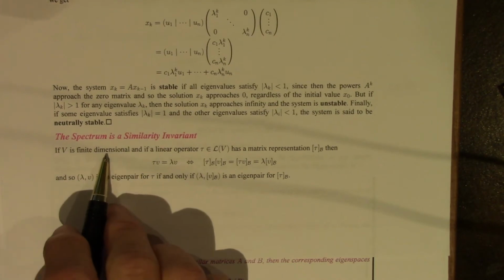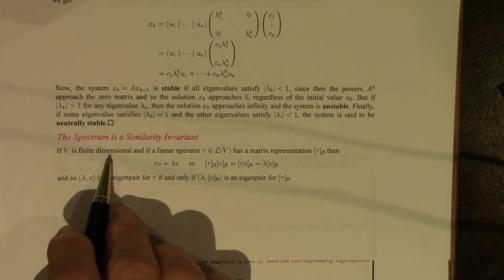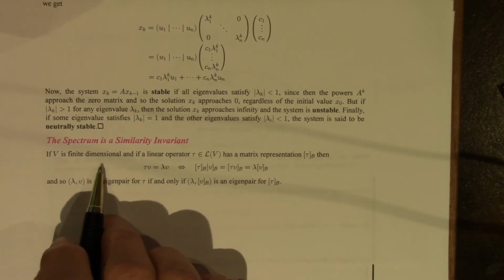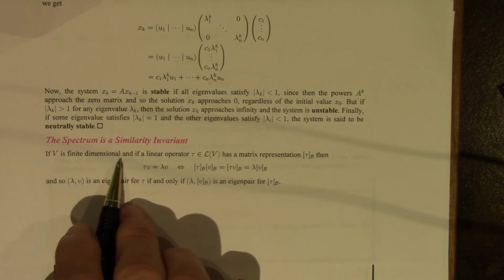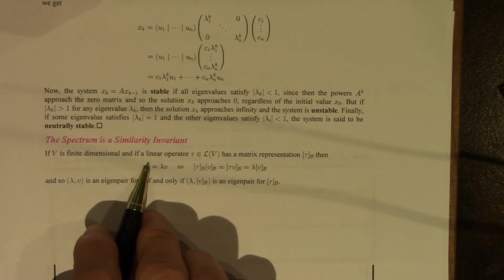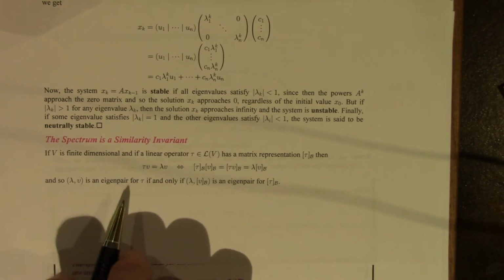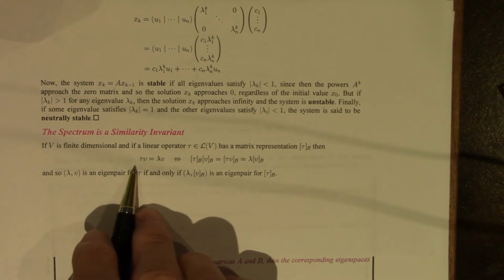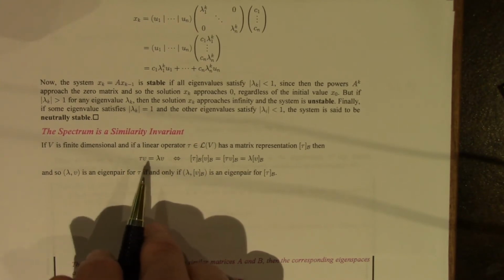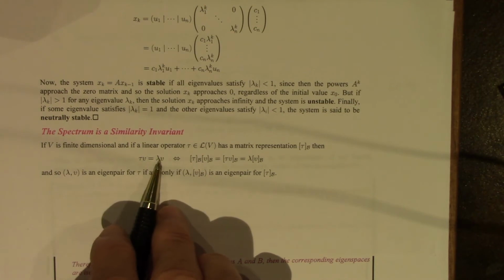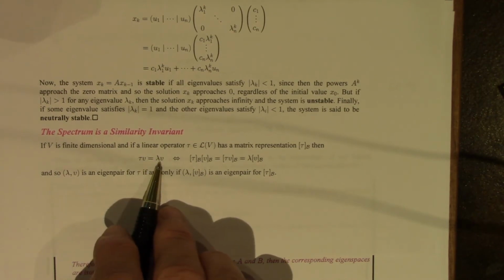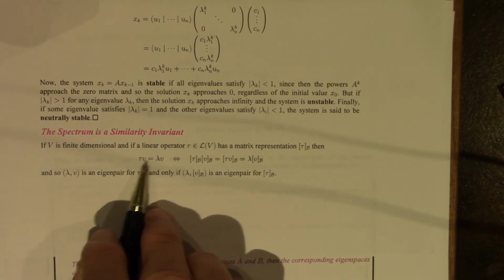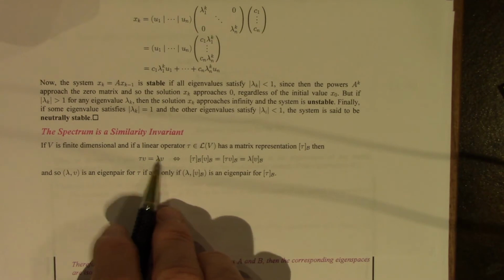In the finite dimensional case, which is the case we will be concerned with almost exclusively, the spectrum of an operator is a similarity invariant. And here's the reason. The eigenvalue equation looks like this. If we apply a coordinate map to both sides of this, that's an isomorphism, so this holds if and only if this holds after applying the coordinate map.